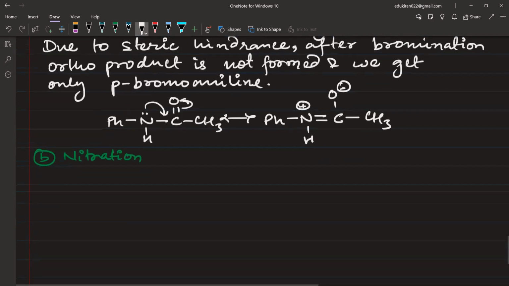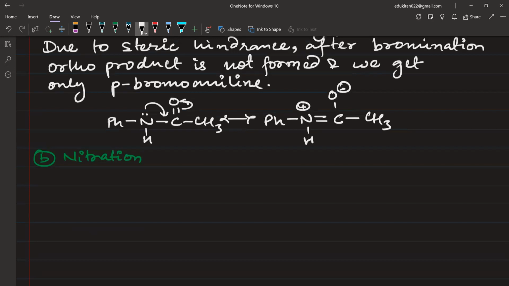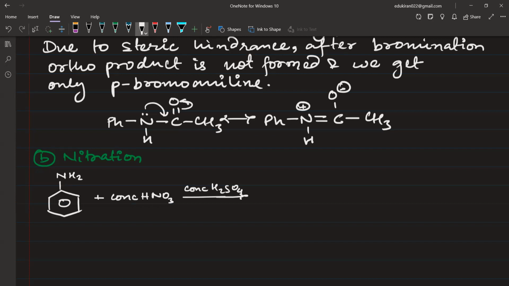Right, next. In nitration, the substrate is still aniline, with just concentrated HNO3 in the presence of concentrated H2SO4. And we get 3 products.